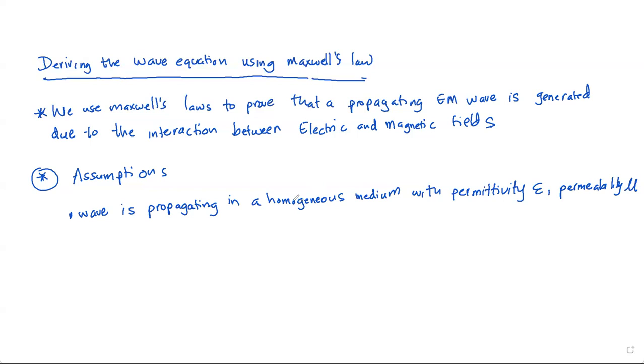So we are assuming that the wave is going through a homogeneous medium. So what does homogeneous medium mean?